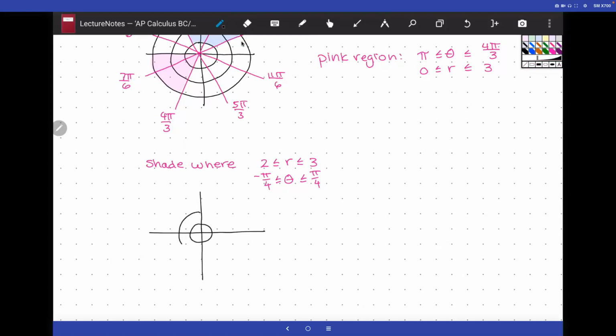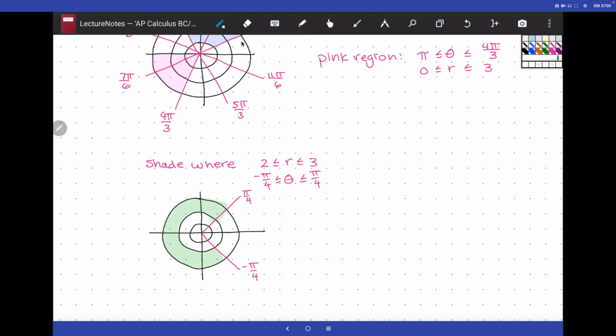One, 2, 3, and then we know pi over 4 is here, and negative pi over 4 is here. And let's see, shading between 2 and 3, so I'm only going to shade here. Oh, that's kind of a thick one. There we go.